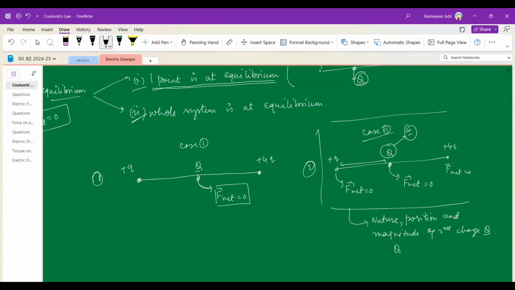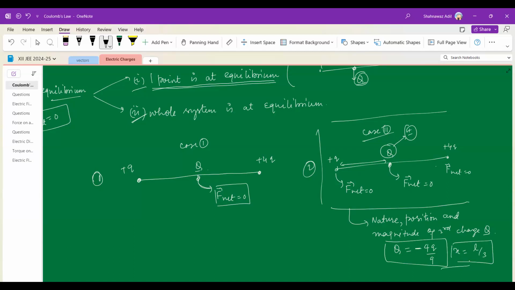If I tell you that this is the answer that you get, this is the magnitude you get. The position you get is L by 3, and the polarity or the nature is negative.